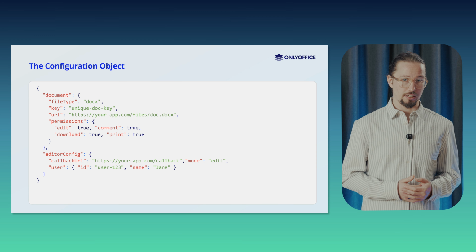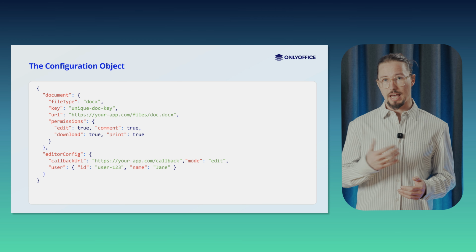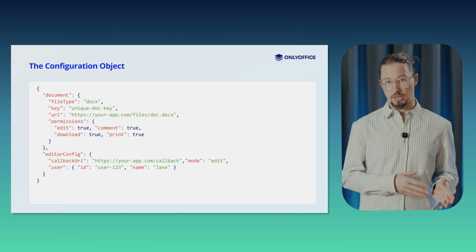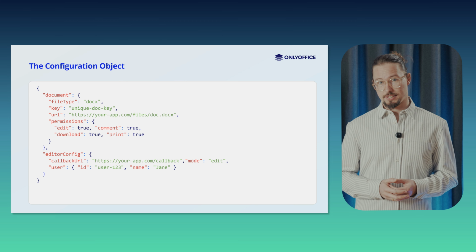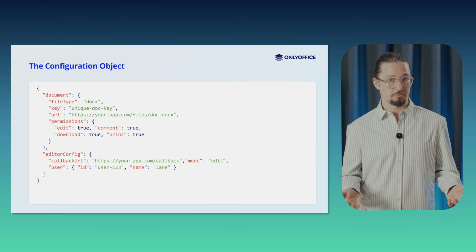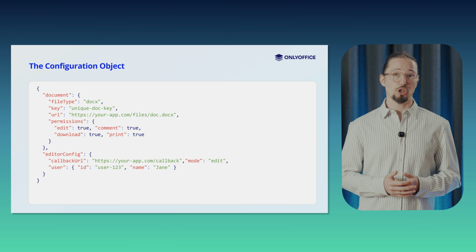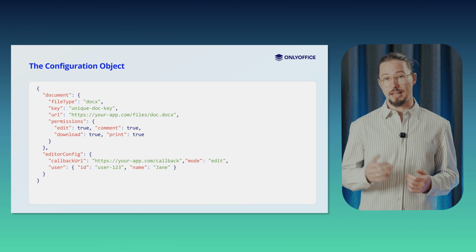Then editorConfig, that's the callback URL where your app will receive the edited file, the editing mode, and the user object. And permissions. This is where you control granular access. Can this user edit, comment, preview, download, print? All of these parameters are documented in detail in the API reference, and I'll share the links at the end.